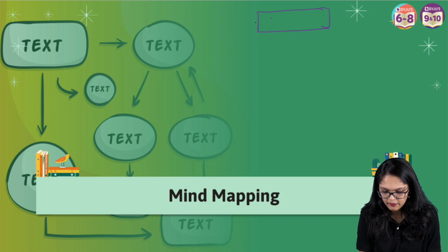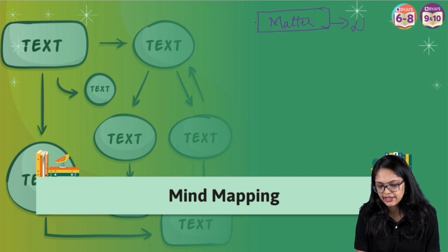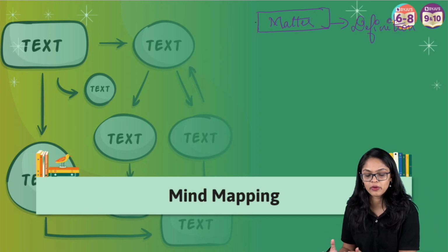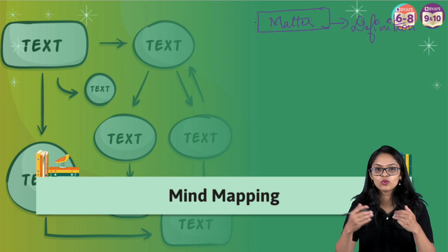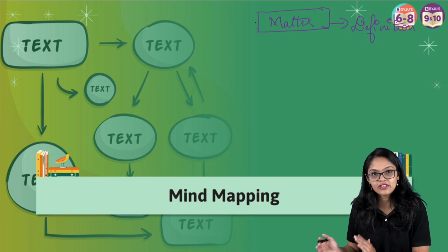I'll write matter, and then an arrow mark, and I'll write down the definition. I am studying side by side. I have the textbook open and this is the mind map I am making along with studying.